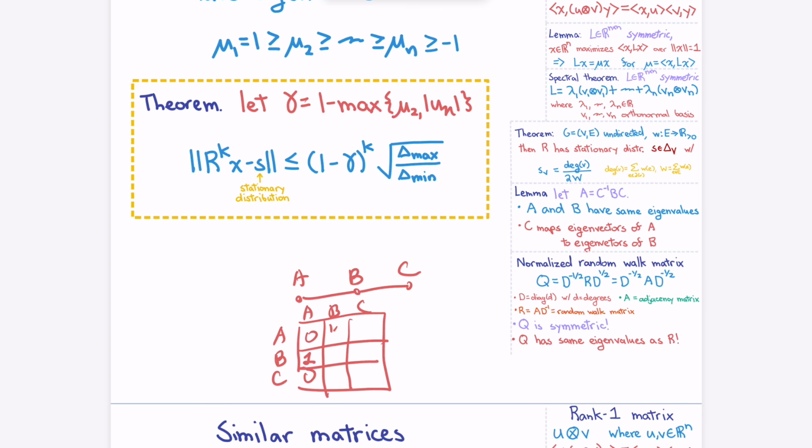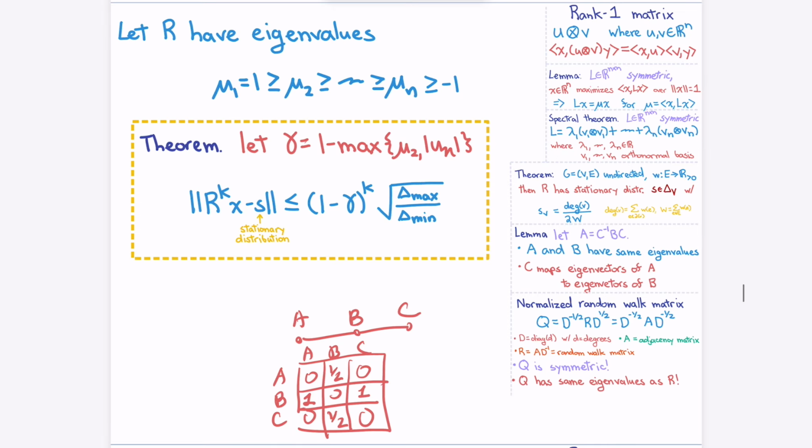B going to A is 1/2, 0, 1/2. C going to B is 1, 0, 0. Oh, that's not symmetric, right? Yeah. Okay, good. It's symmetric along a vertical and horizontal, but not symmetric in the way we're looking for. Okay, good. So the random walk is not necessarily symmetric.